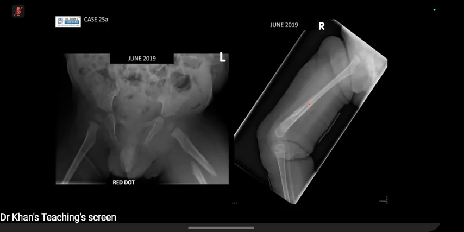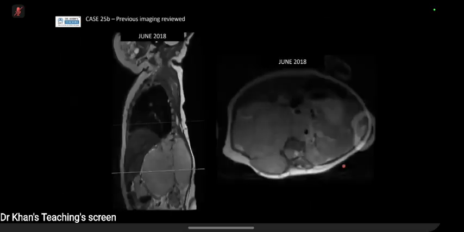So this could be a pathological fracture on the left side. Okay. Anything else to add? This is sparing the epiphysis, involving the diaphysis predominantly. Okay, don't worry. We'll go on to the next one.